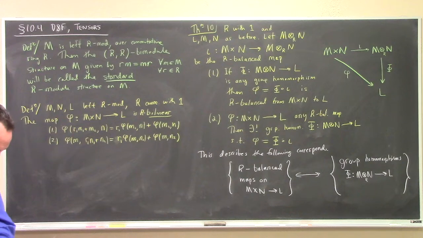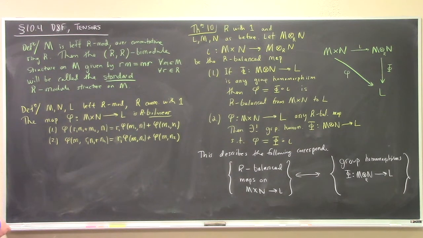Then we have all the examples we went over. And then he defines the tensor product of module homomorphisms.